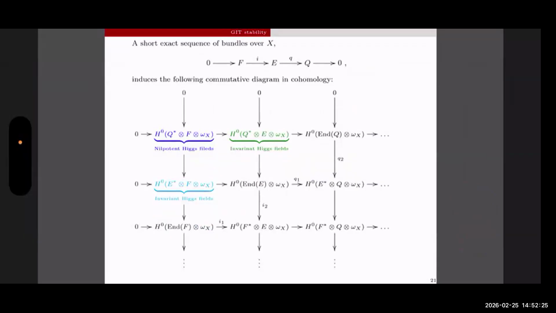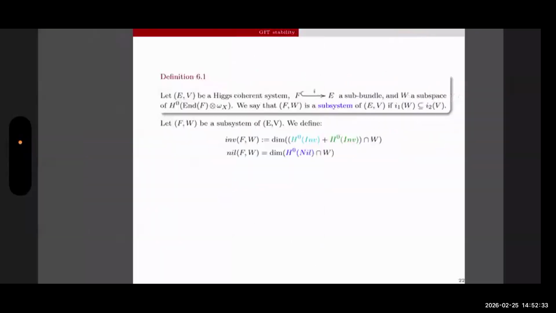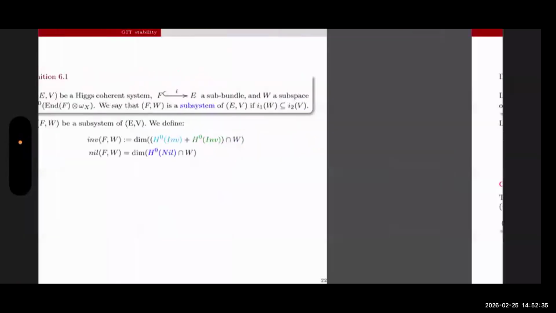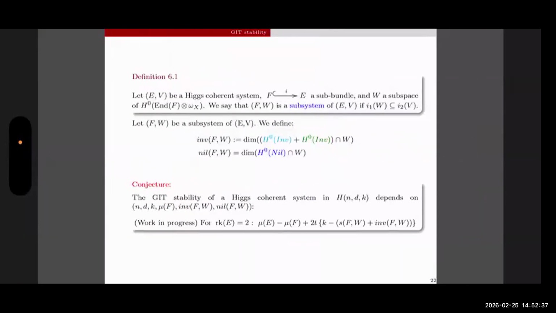For example, the first one measures the Higgs fields that are nilpotent. And in rank 2, we have this function, but off the record it is just a guess at this moment. The function depends on the slopes of the vector bundles and these quantities that appear in blue and green, which are related to the invariant subbundles under some subspaces.